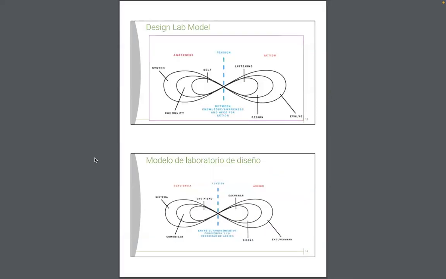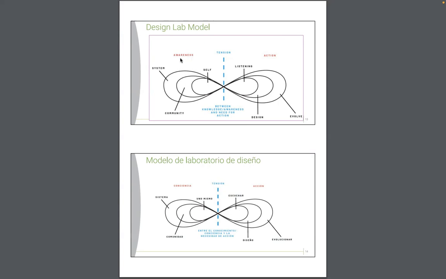Okay, so this visual here is core to Design Lab. It is core to how we think about systems change and systems transformation at Reschool. It is called our Design Lab model, our triple loop model. And I'm just going to walk us through what this triple loop model is and different ways that you might look at it.